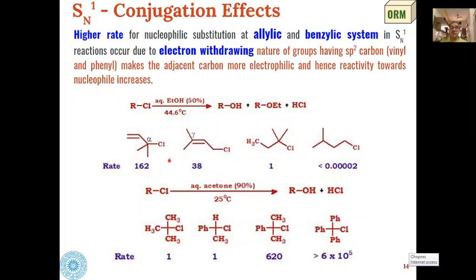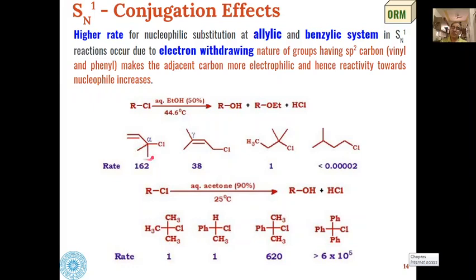The reason is very simple, because by SN1 reaction we know the first step is formation of carbocation, and that means the carbocation will be generated at this place, at this alpha carbon, and delocalization of this double bond is also possible due to conjugate effect and resonance effect, and moreover this carbocation will be a tertiary carbocation.